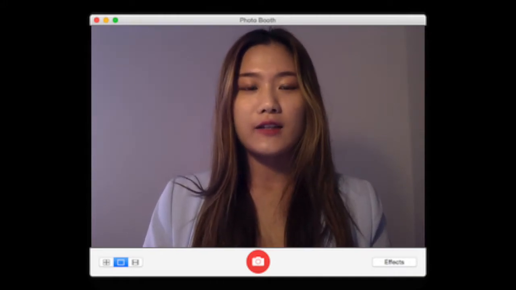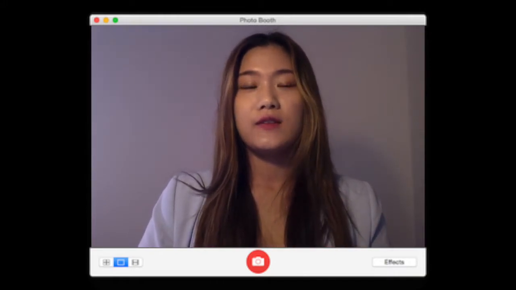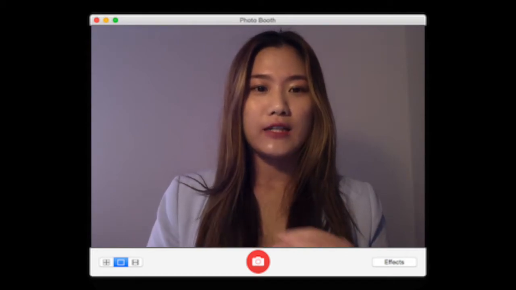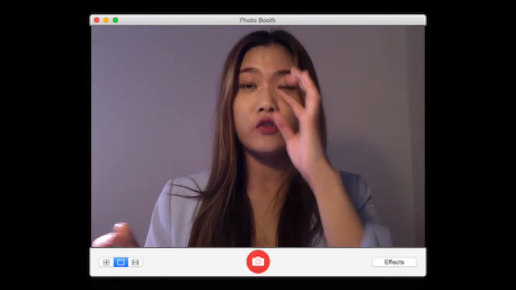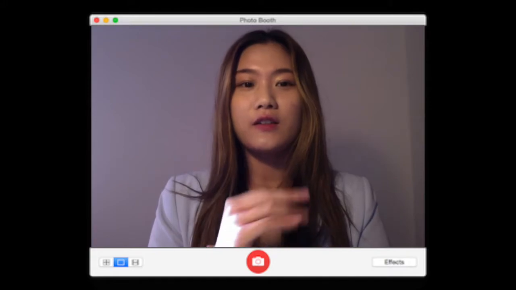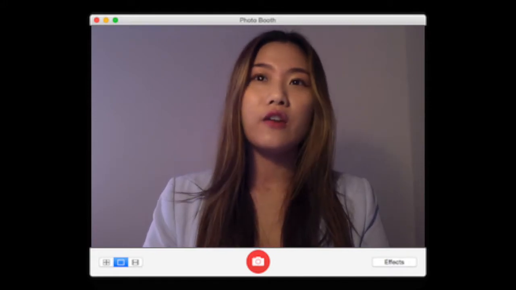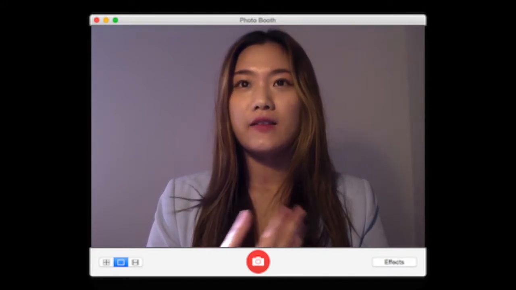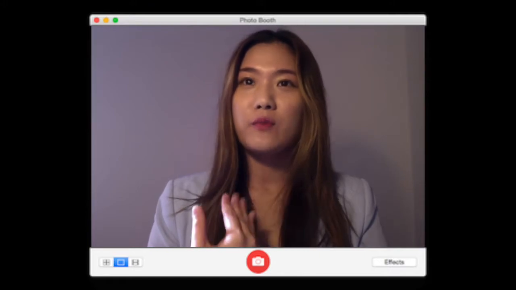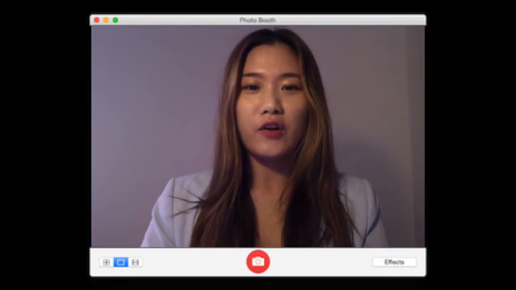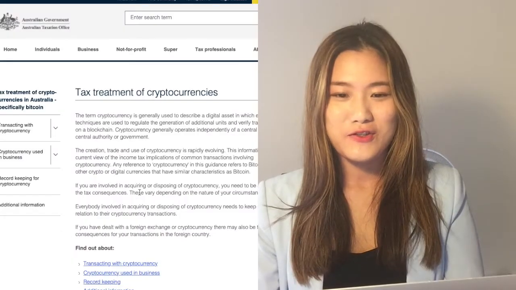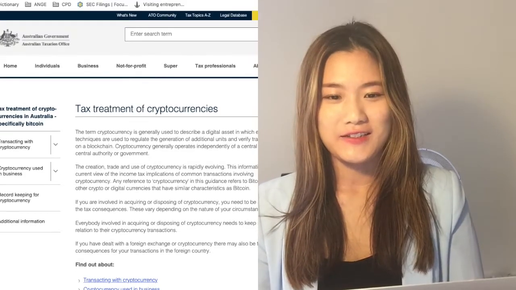The regulation hasn't been all set, so this is still a work in progress industry in aspect to the regulation part, but there are certain rules that's been set, because when you're disposing an asset, then you would have to pay CGT. So ATO has some articles on this, and this is one of the things that I was also involved with, because I'm very into this kind of fourth industrial revolution type of things.